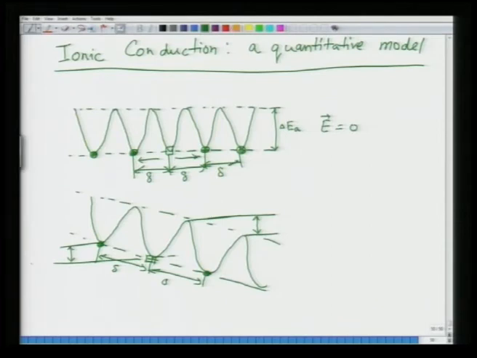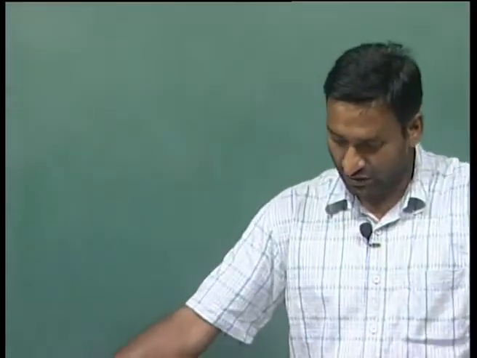And what is this amount? Let us say this amount is delta EA. Let us not add confusion here. This would again be EA, delta EA. Because the potential energy well is symmetric, there is a symmetric displacement on both sides, either on top or bottom.